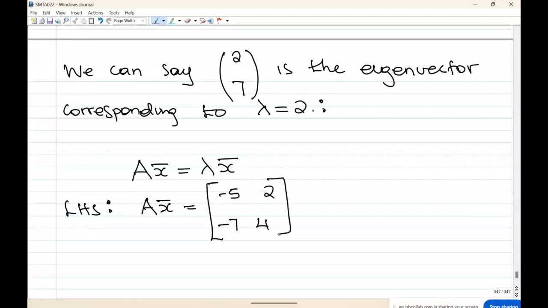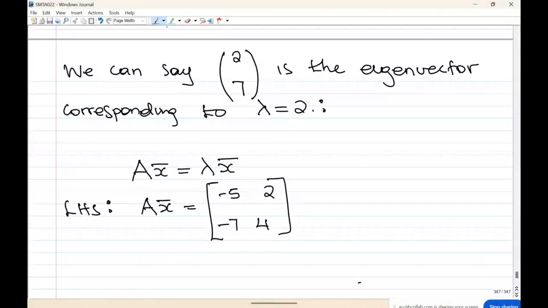Is it the correct A that we have, or is it what you got when you substituted lambda by 2 on that star equation? Or is it the original A? Yes, it is the original A, colleagues.